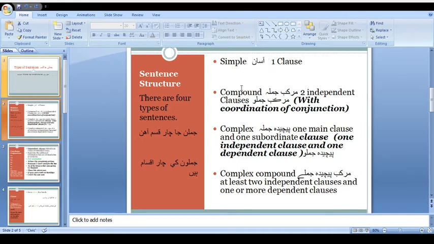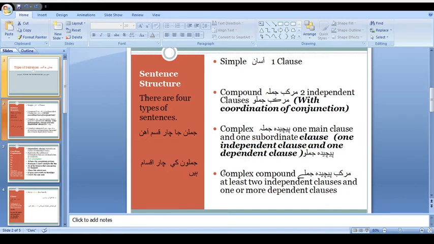Number two, compound, which consists of two independent clauses with a coordinating conjunction. Number three, complex, Pechida jumla, which is one main clause and one subordinate or dependent clause, or embedded clause. So one independent clause and one dependent clause.